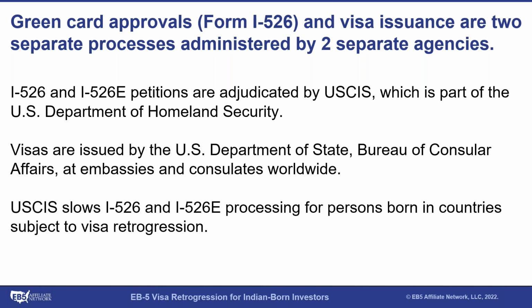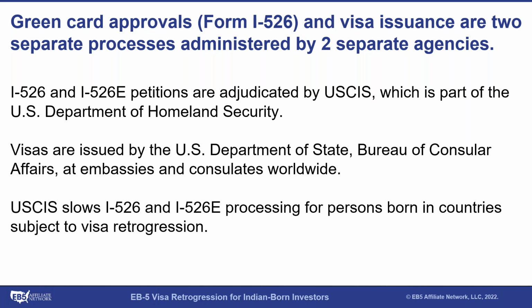And so we had a brief period where in fiscal year 19, because the numbers crossed the 700 threshold, where at that time we had 10,000 visas, India did retrogress for some time. But then in fiscal year 20 and fiscal year 21, the total number of visas allocated to India dropped.